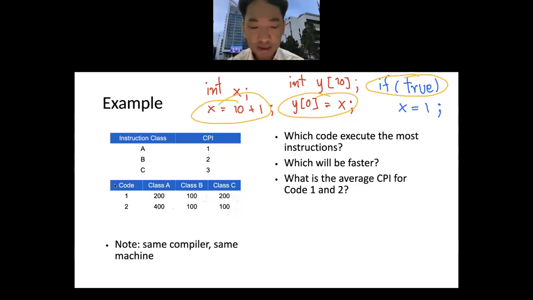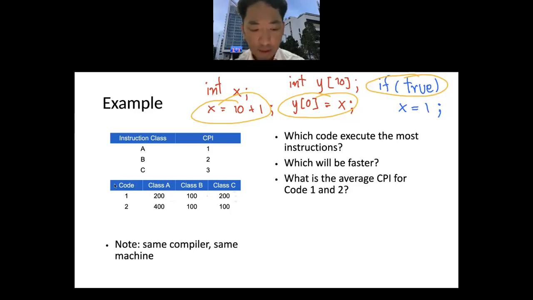The question is, which code executes the most instructions? This kind of question is very simple. We just add all the numbers here. Code number 1 has 200 of class A, 100 of class B, and 200 of class C instructions, so in total it is 500.